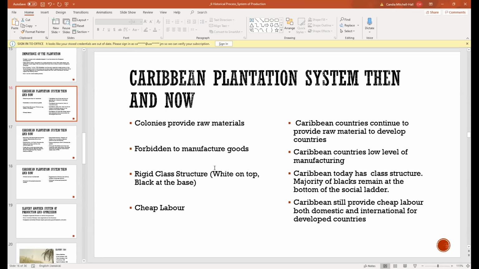Another thing when it comes to manufacturing that the plantation still resembles today is with raw material. Back then the Caribbean used to be the one to produce the raw material and send it to the European nations, right?